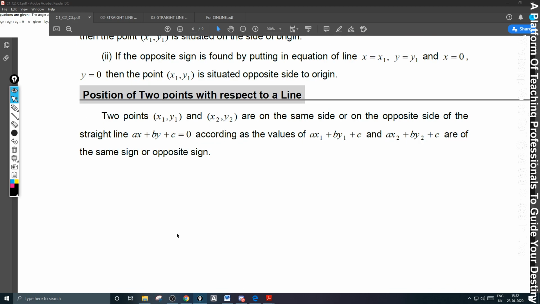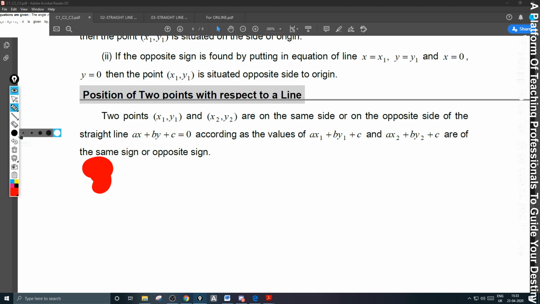We will take the problem on our own. Arun, tell me any line equation of your choice. 3x plus 4y plus 2 equal to 0.